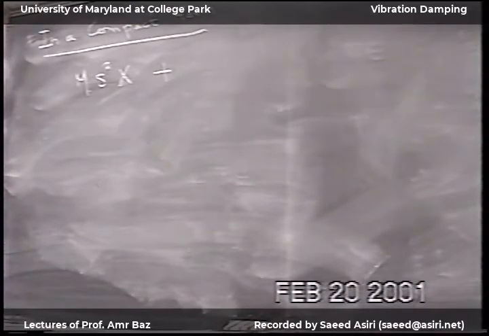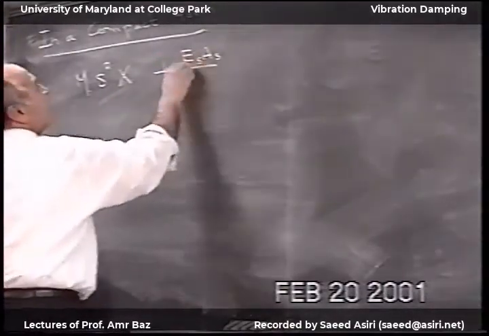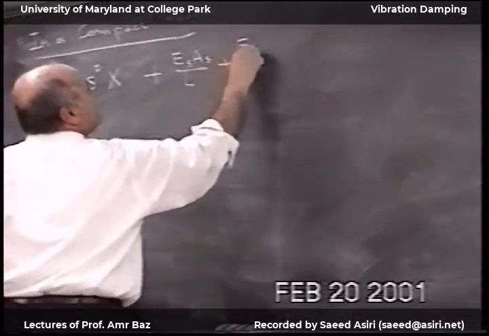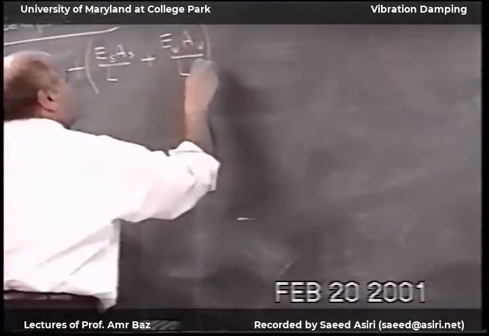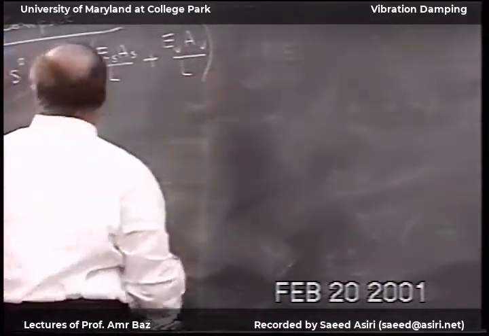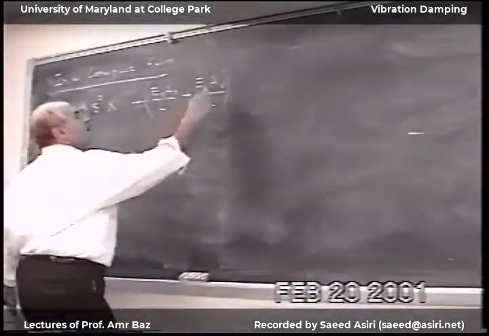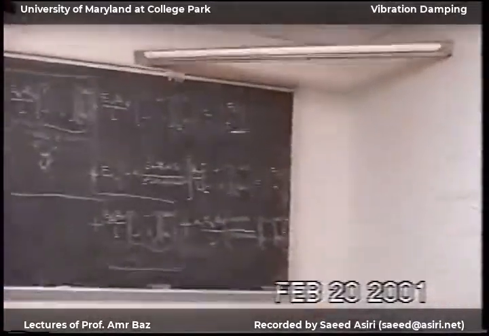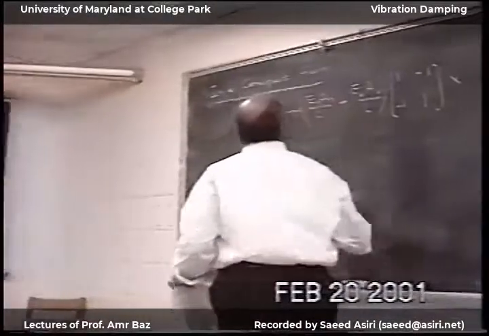So this is the structure, and then the viscoelastic material, and then we had this matrix, and then x, and this is equal to f.